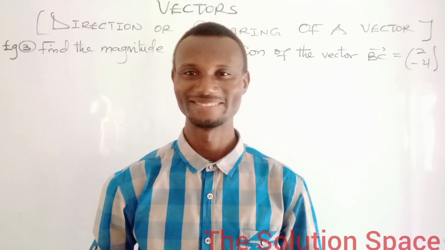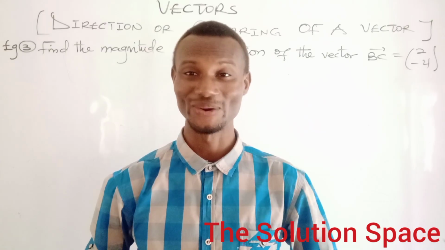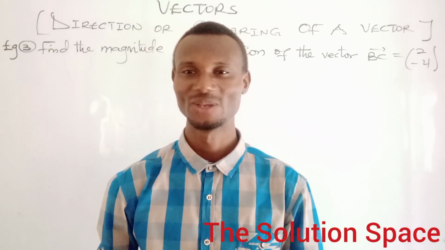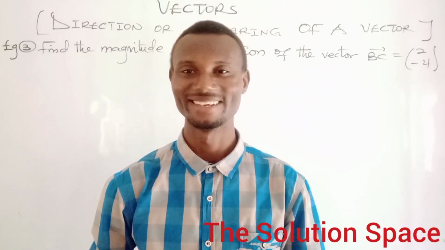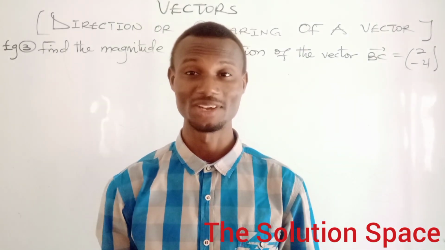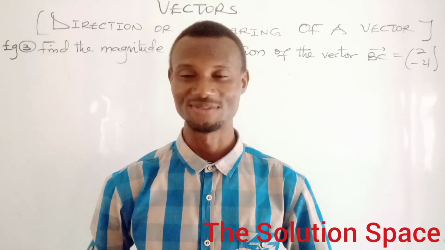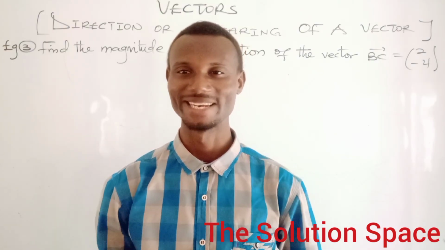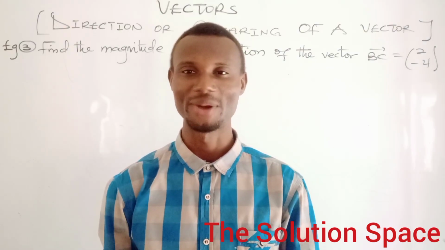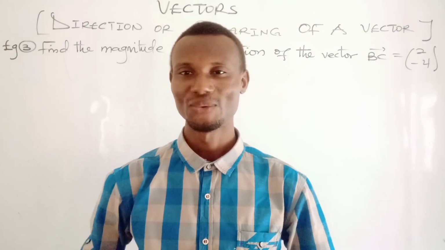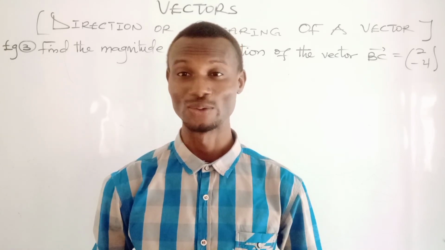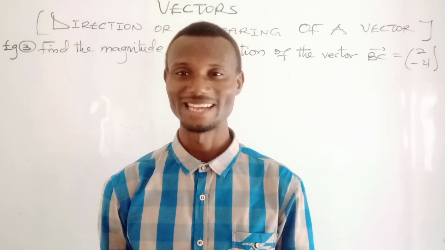Hello once again. Welcome to the continuation on the direction or bearing of a vector that I started with you in the previous videos. In the previous videos, we started learning about finding the direction or bearing of a given vector, which we've done a detailed explanation on, and we've also solved some examples on it.